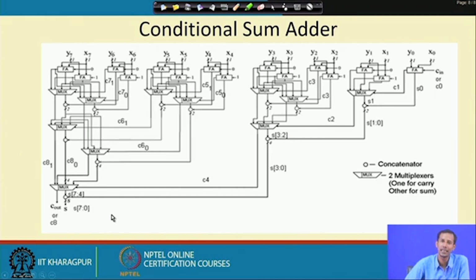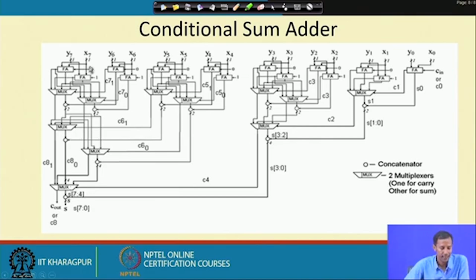So, if I consider the delay term here, what is the maximum delay over here? One of the paths is from y0: this full adder, then 1 multiplexer, then 2 multiplexer, then 3 multiplexer.